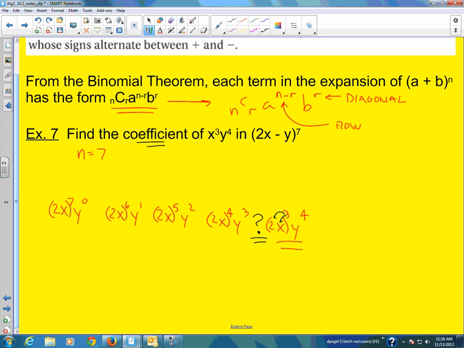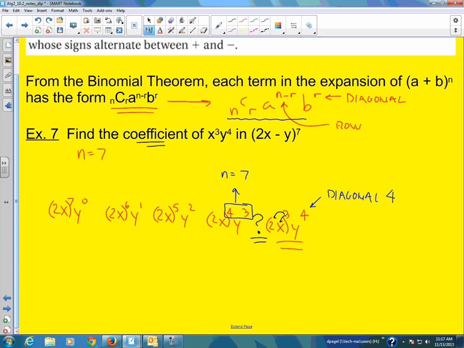All right, well, one thing I could do is use this notation up here and note that I'm in diagonal 4 of the row. Now remember, the sum of the powers tells you what your n is.